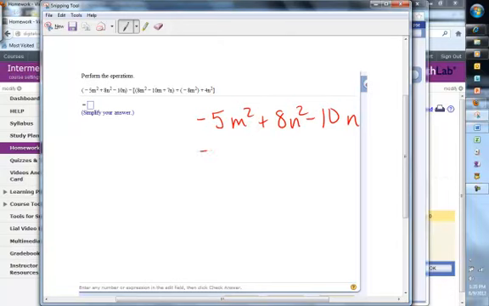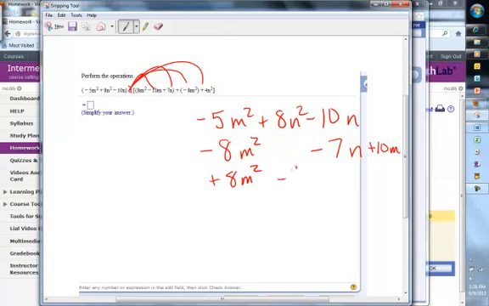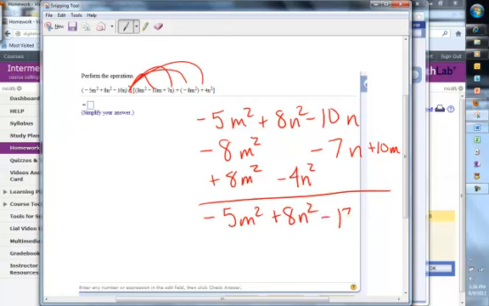And then we're going to subtract 8m squared and add 10m and subtract 7n, and subtract negative 8m squared, or in other words, add 8m squared, and subtract 4n squared. Okay, so we have negative 5m squared plus 8n squared minus 17n plus 10m.